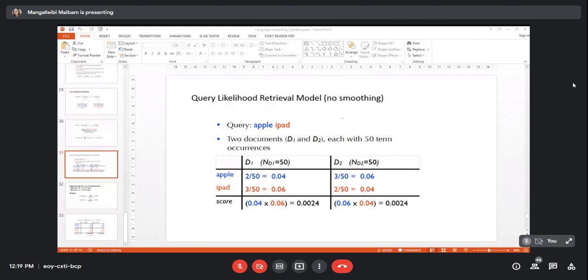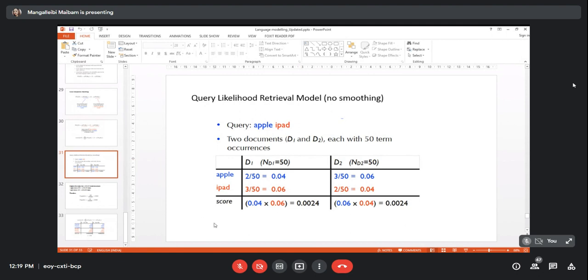So same probability values we got: 0.0024 for D1, 0.0024 for D2. With no smoothing technique, our score becomes the same.